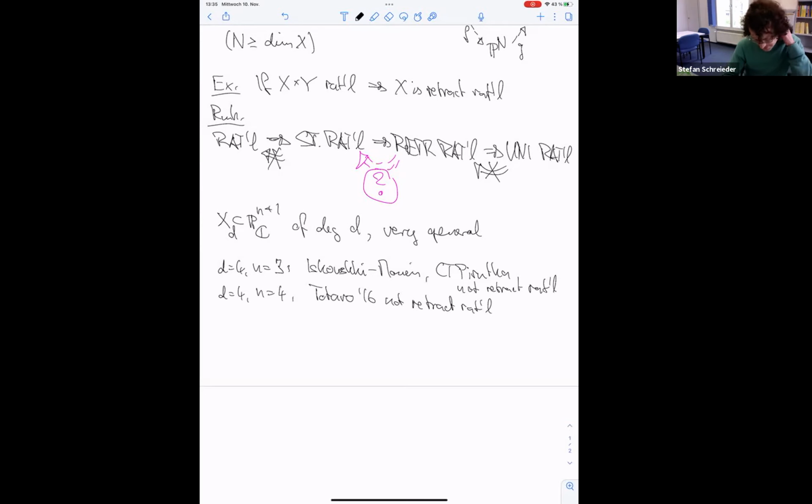And Totaro has a linear bound that improves the linear bound of Kollár, and an improvement of this due to myself says that if D is bigger or equal than the log 2 of n plus 2, where the dimension is at least 3, then X is not retract rational.